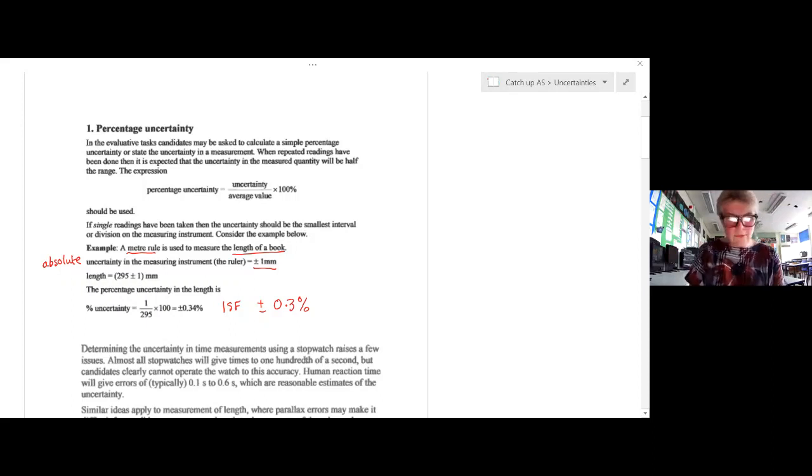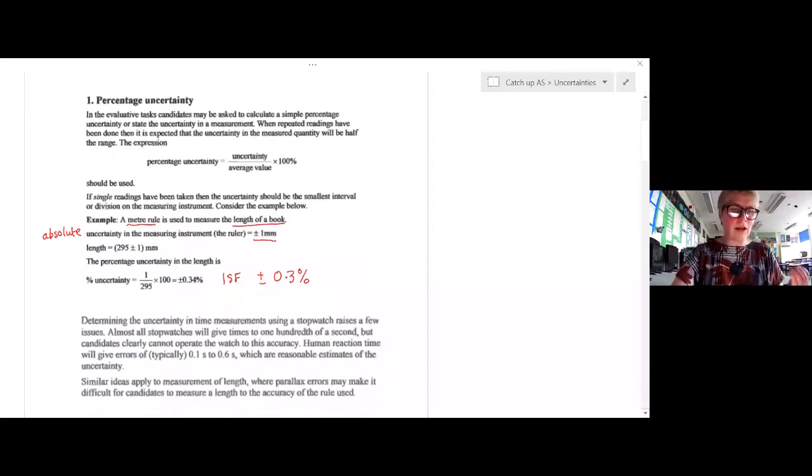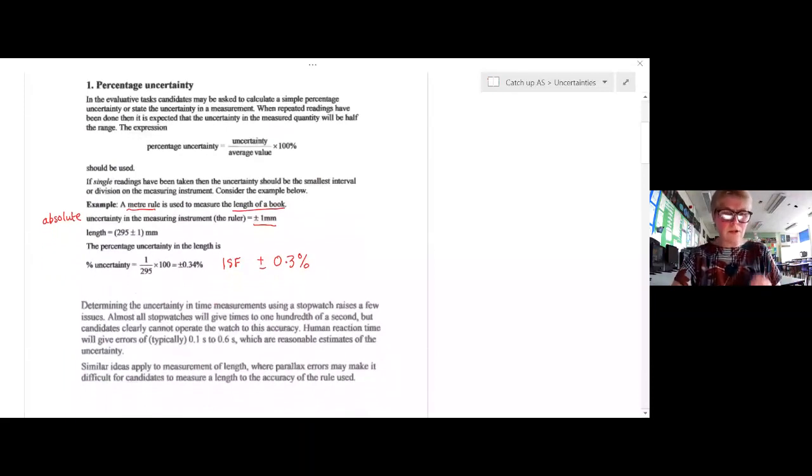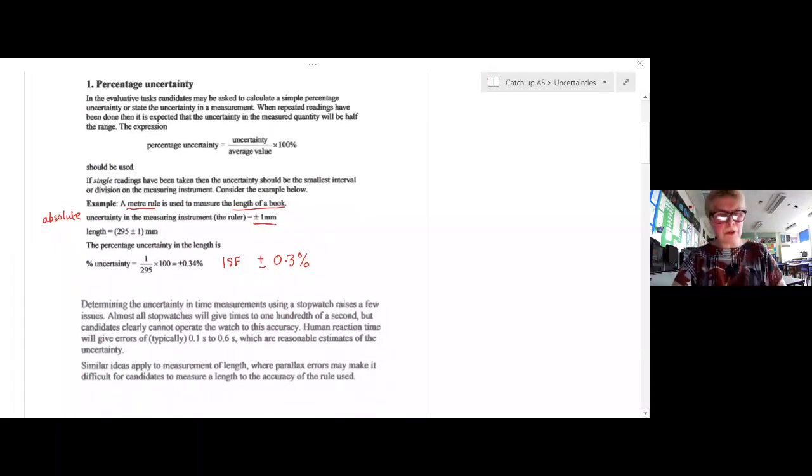Now, if the number starts with a 1, for example if we had 0.1 there, then very often we write to 2 significant figures. But it's okay to do it to 1 significant figure unless the number starts with a 1, and then we pop in 2 significant figures.